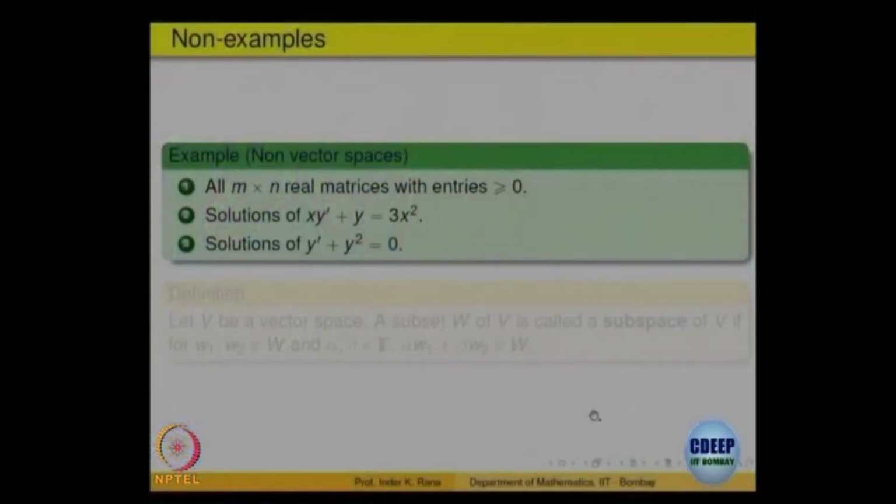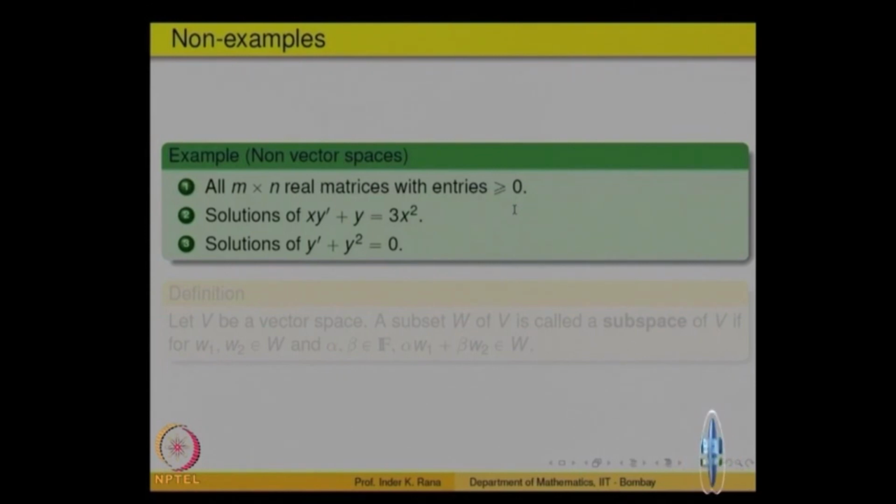So, same things are possible here in abstract vector spaces also, but before that let us just look at all real matrices with entries bigger than or equal to 0. Does this form a vector space under addition of matrices? Look at all real m cross n matrices such that all the entries are bigger than or equal to 0.